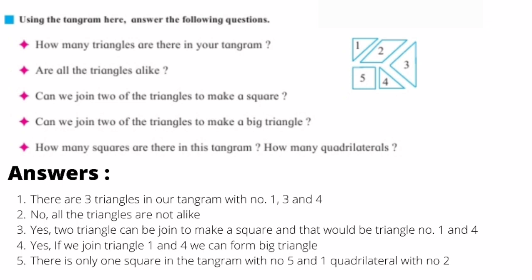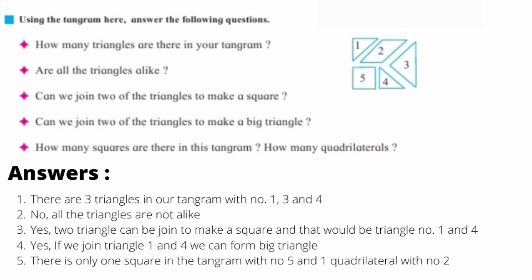Next, are all the triangles alike? No, all the triangles are not alike. Next, can we join 2 of the triangles to make a square? Yes, 2 triangles can be joined to make a square, and that would be triangle number 1 and 4.